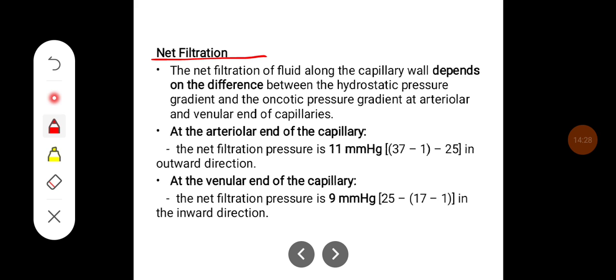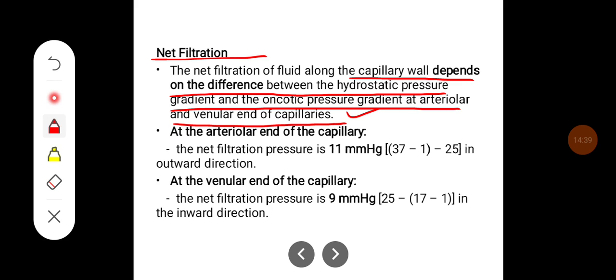If you see, the net filtration of the fluid along the capillary wall depends on the difference between the hydrostatic pressure gradient and the oncotic pressure gradient at the arteriolar and venular end. At the arteriolar end, the net filtration pressure is around 11 mmHg in the outward direction.